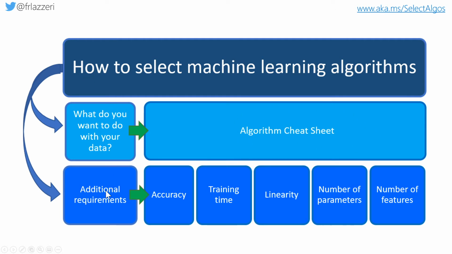There are other considerations that are important to keep in mind when you build your machine learning solution, such as accuracy, the training time, linearity, the number of parameters, and the number of features. For all these requirements, there is a machine learning algorithm that is the most suitable for your solution.